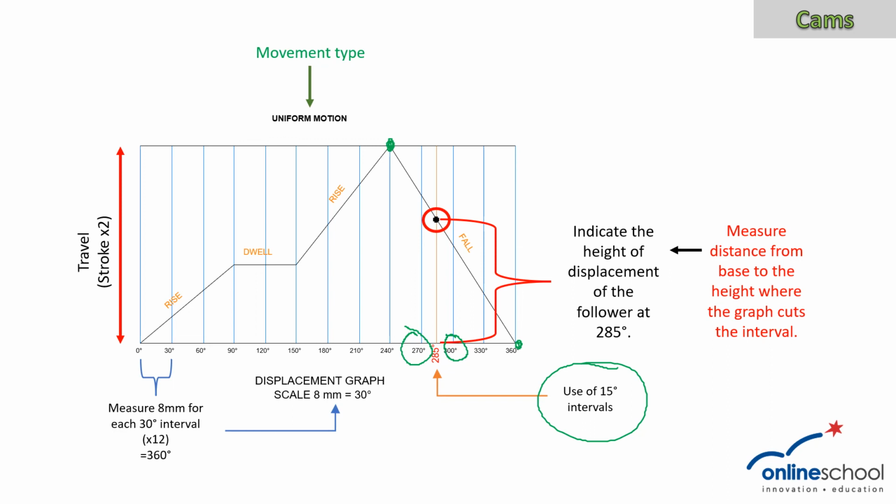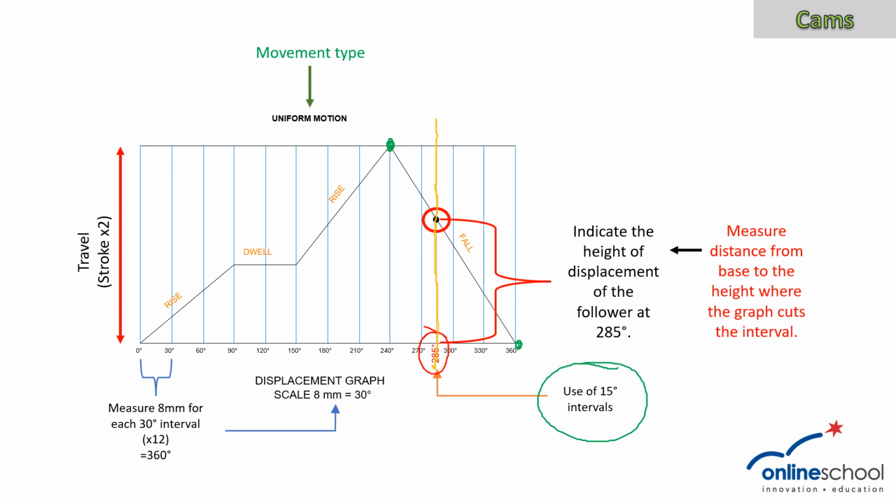Therefore, we start with the graph of displacement and we will then, between 270 degrees and 300 degrees, take the 285 degrees, label it, and then we must also draw in a light construction line that is right in the middle between 270 and 300 degrees to indicate that 15-degree interval.